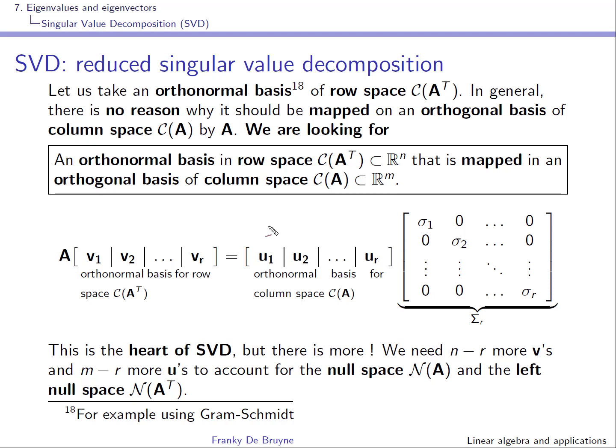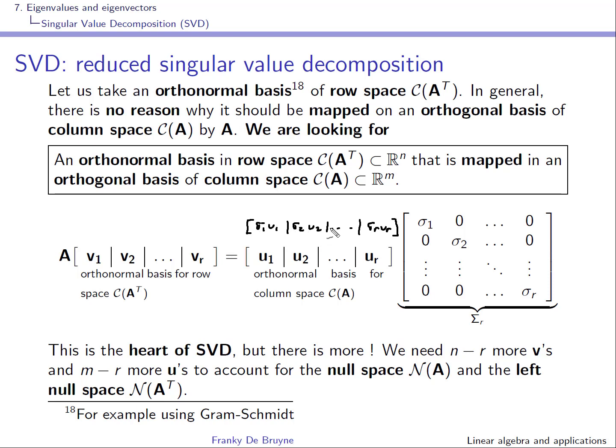They have potentially different lengths, so we can write them as I've done in the previous slide, sigma 1 u1, sigma 2 u2 up to sigma r ur. So these vectors are all orthogonal, and we assume here that u1 up to ur also have a length 1, and we adjust the lengths by these coefficients sigma 1 to sigma r.